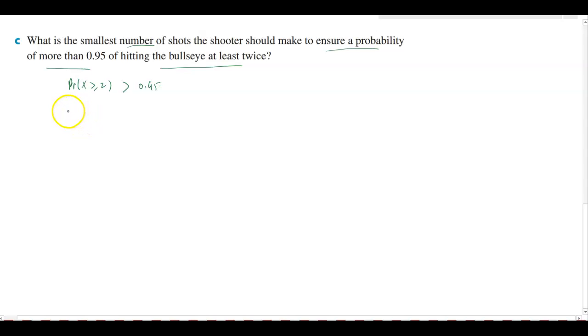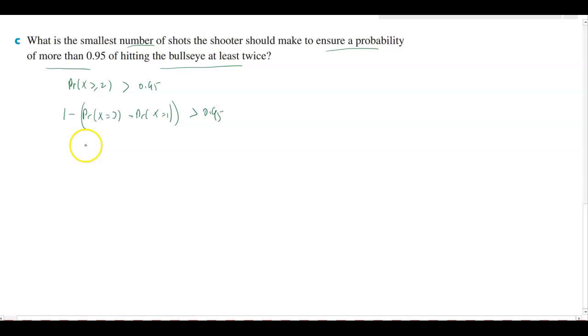So remember, another way of writing this is going to be 1 minus probability, let's put this in brackets, x equals 0, plus probability x equals 1, is greater than 0.95.